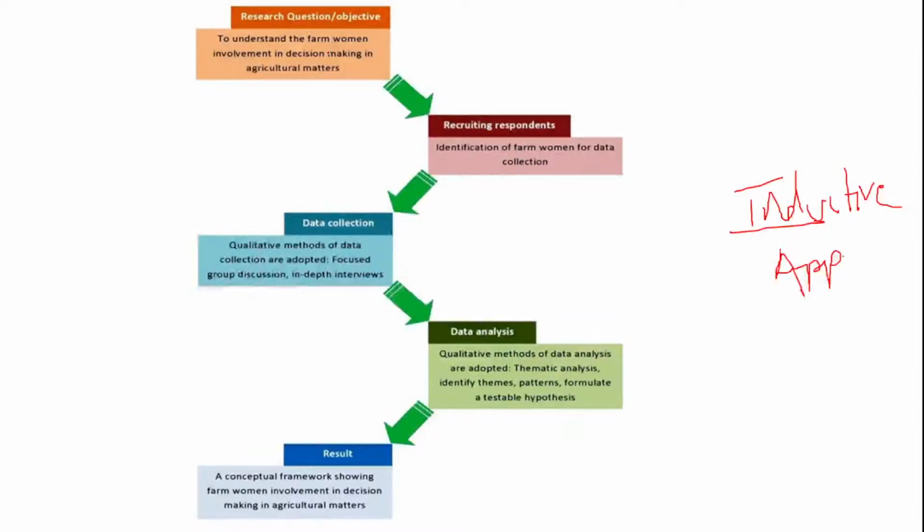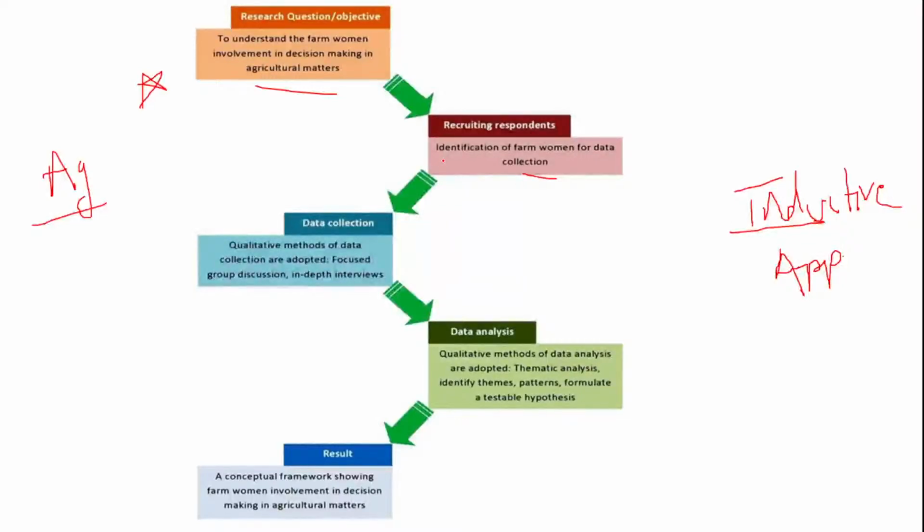Here I have taken agriculture as one example: to understand farm women's involvement in decision making in agriculture matters. That is your research question or research objective. Going ahead with your respondents, that is the identification of farm women for data collection. Obviously we want to see their involvement in the decision making process.